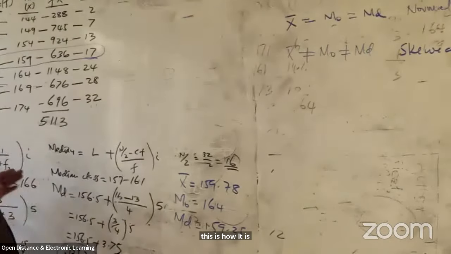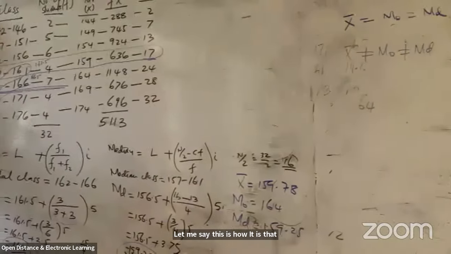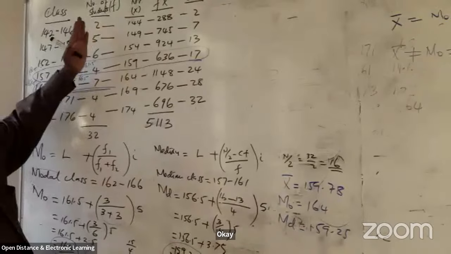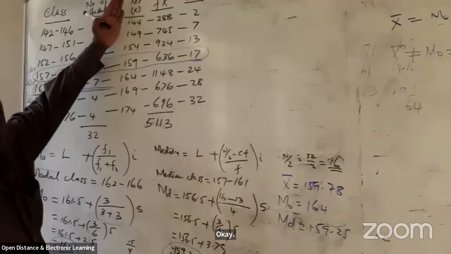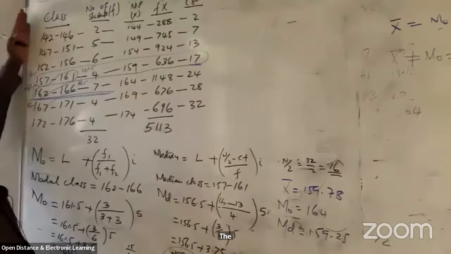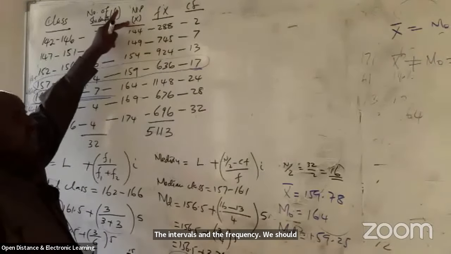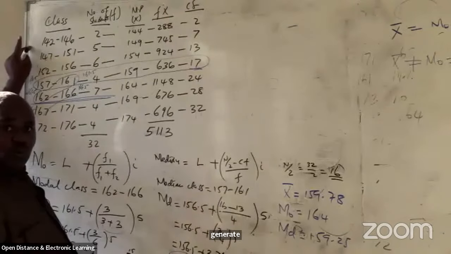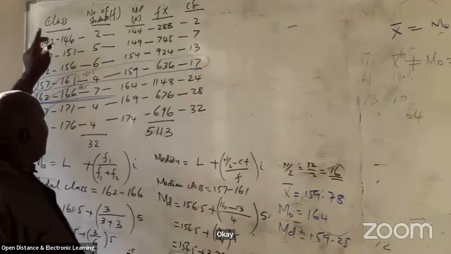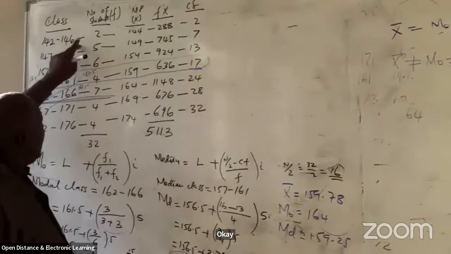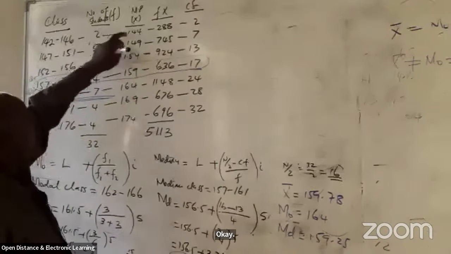What is to be noted is, once we have generated the intervals and the frequency, we should generate the midpoint for a grouped distribution. This midpoint gives us x, the average of the two limits. For example, 142 plus 146 divided by 2 gives you 144.